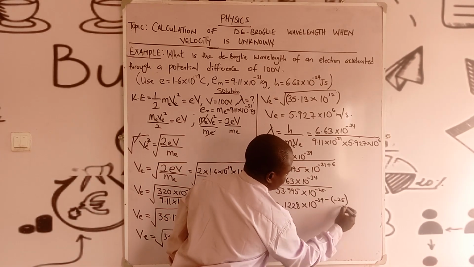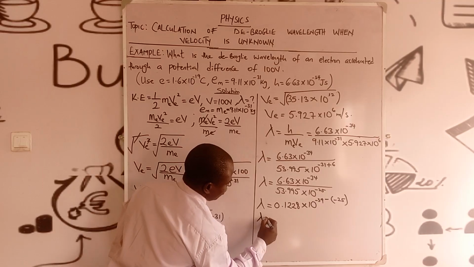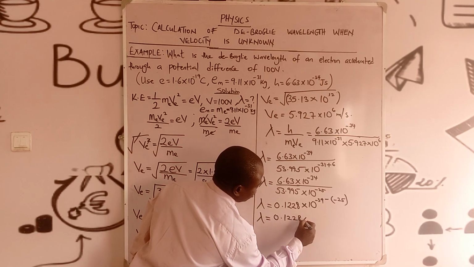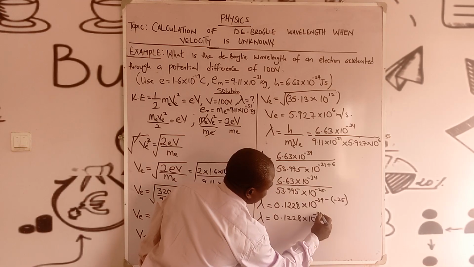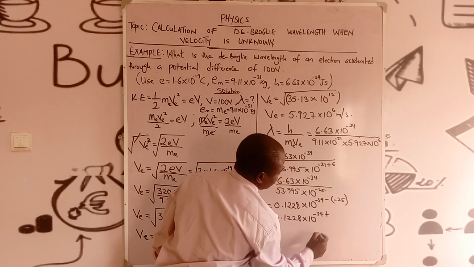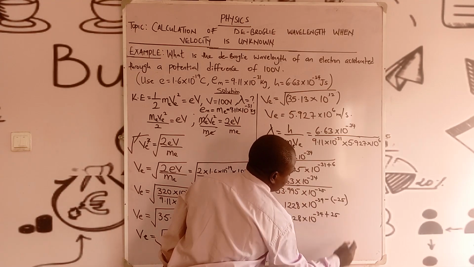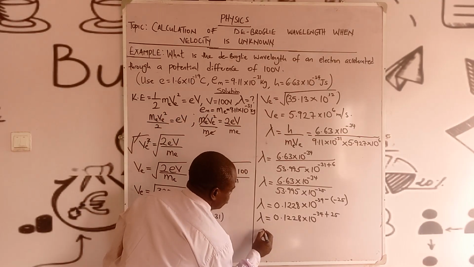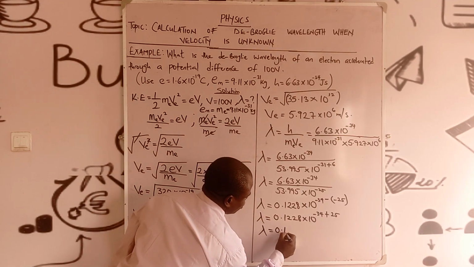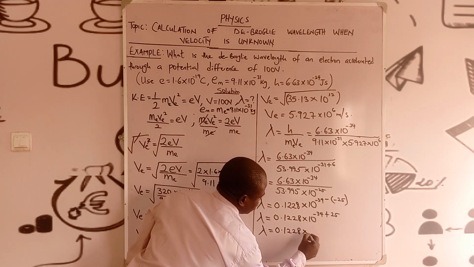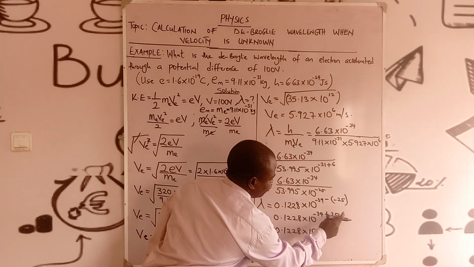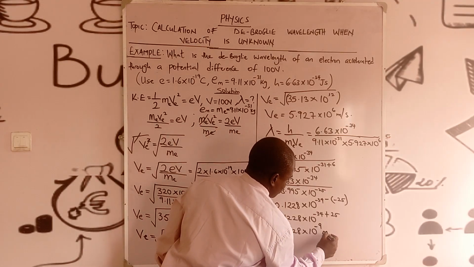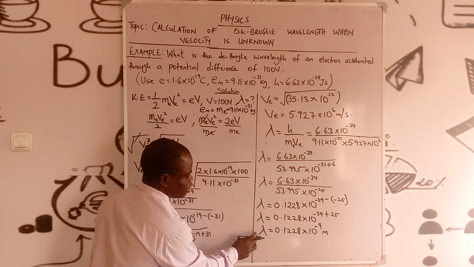The de Broglie wavelength equals 0.1228 times 10 to the power minus 34, negative and negative is positive, 25. Now the de Broglie wavelength equals 0.1228 times 10 to the power minus 34 plus 25, that's minus 9 meters. The de Broglie wavelength is in meters.